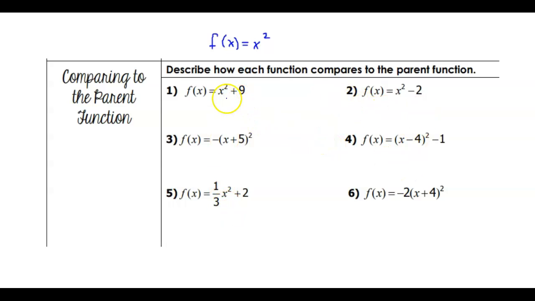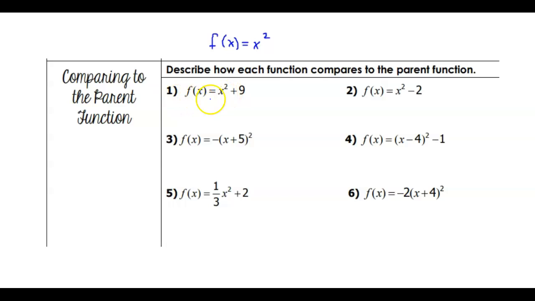I'm going to work on the odds right now with you, just in case you're not pausing, to get you going, and then I'll have you pause the video and work through the rest of them.